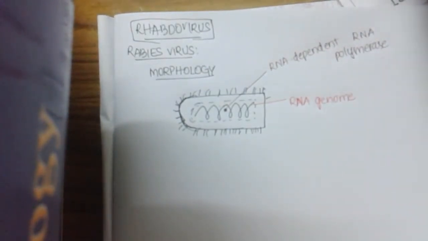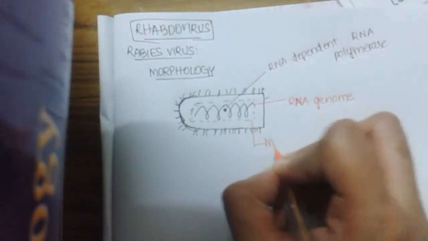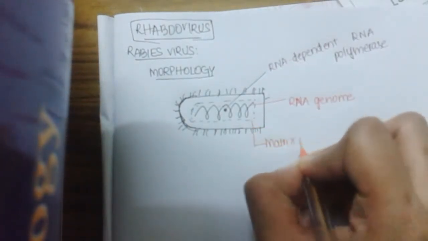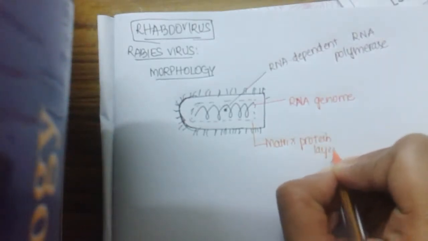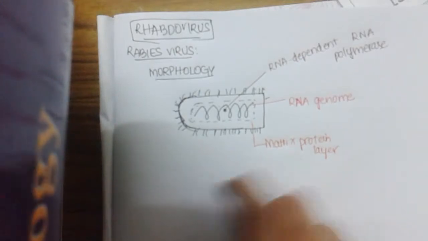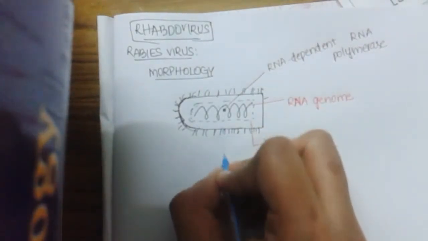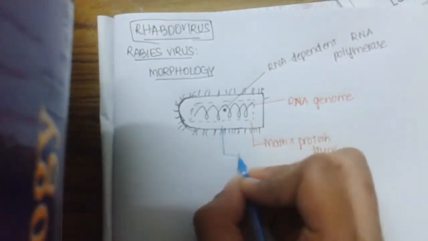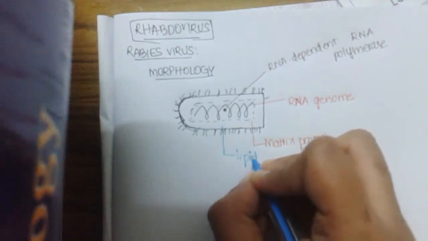Covering this genetic material there is a matrix protein layer. Beneath the matrix protein layer there is a lipid envelope, or to say lipoprotein.